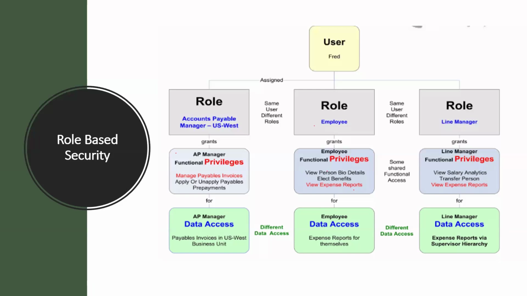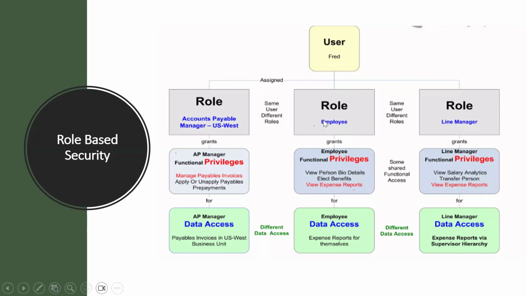Since you are a line manager, you will get approval notifications, like if some employee is assigned as an associate under your hierarchy. You get access to other employees' expense reports, and you can approve them and do other activities as well.